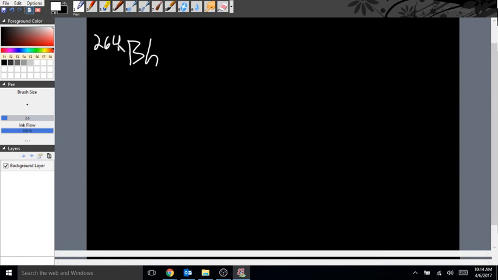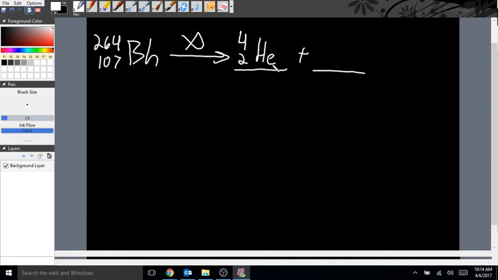You might take a little bit of looking to find some of these bigger elements, but borium has an atomic number of 107. If it undergoes alpha decay, it works just like how that small carbon worked. The first box is still going to be what that alpha particle is. So in this case, the alpha particle, 4-2 helium.